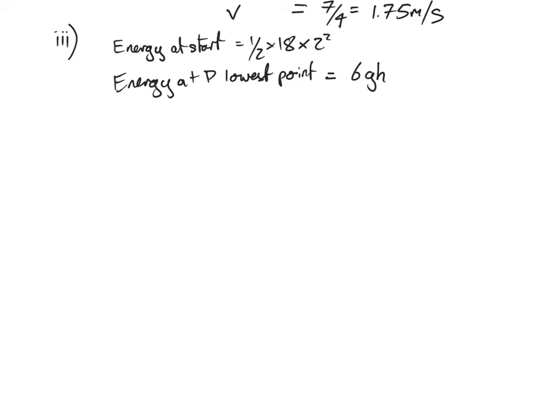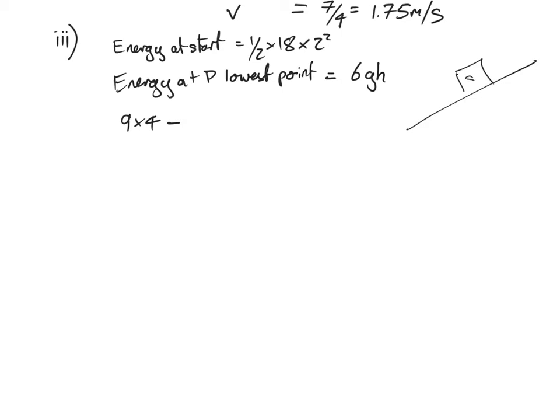So at the start we've got 9 times 4, that's that energy, less the work done against friction, which we're going to need a little diagram to explain.